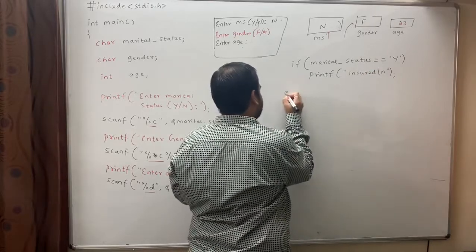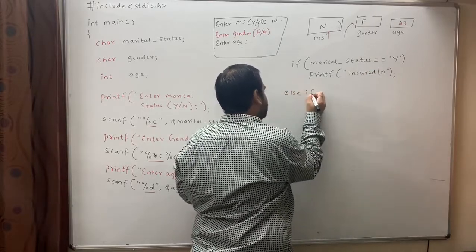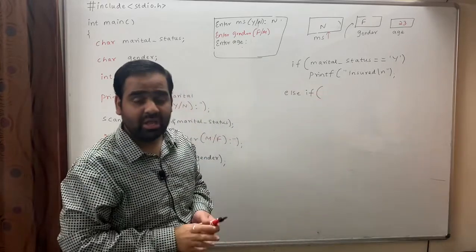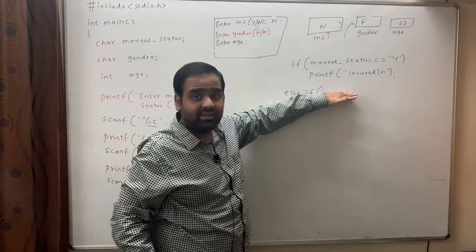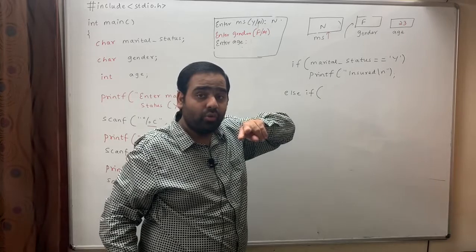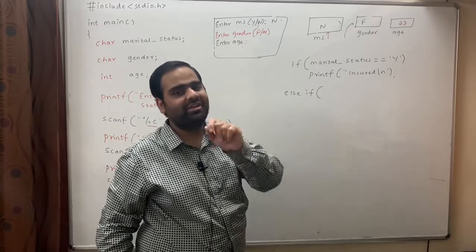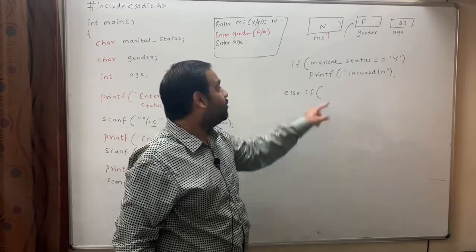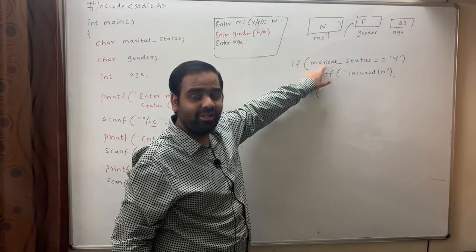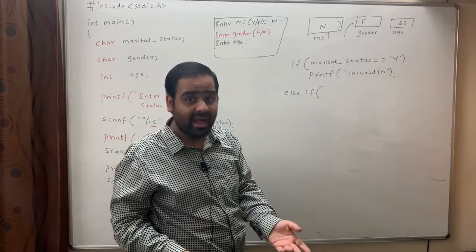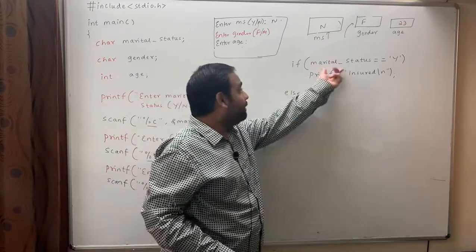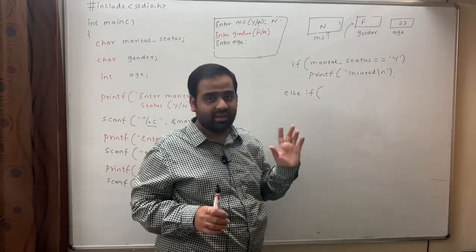False. If this condition is false, then it should check the next condition. You come to the second condition only if the first condition is false. That means the employee is unmarried. If the employee is unmarried, only then will we check the second condition.